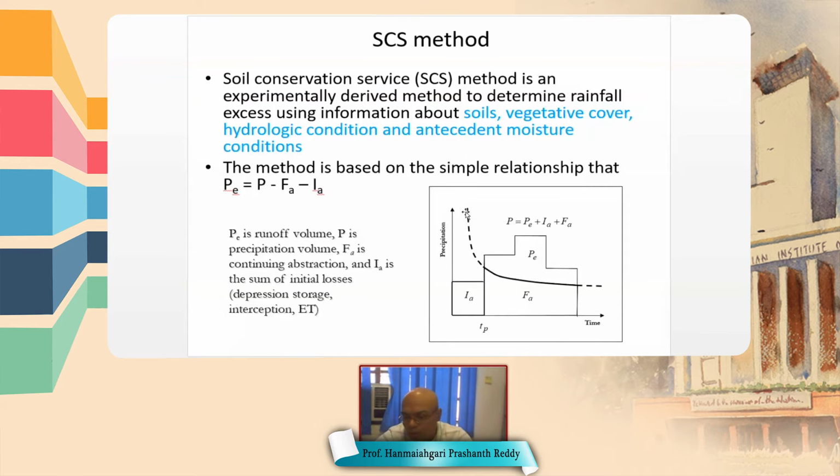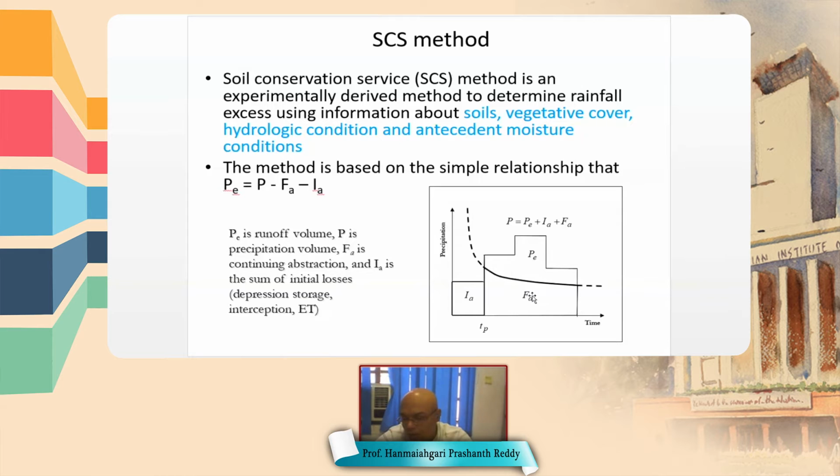There are initial abstractions or initial losses, represented by Ia, because this water will not contribute to the runoff. And then there is a potential infiltration curve.